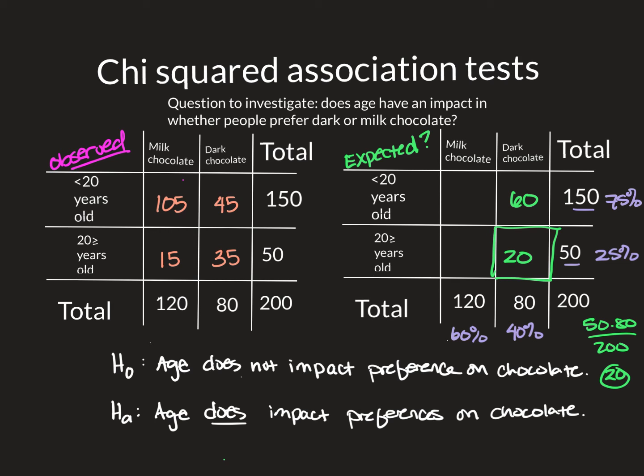Okay, so for example, this 50 needs to be split into 40% of 50 and 60% of 50. Well, 10% of 50 is, just kidding, 5. I know what I'm doing. Don't worry about that. So 40% would be a 20. And then the other 60% over here would get you your 30. And then obviously, same deal every which way that you're going. If you want to just calculate this number, you can totally say 150 times 120 divided by 200.